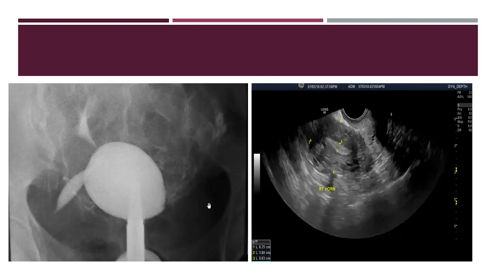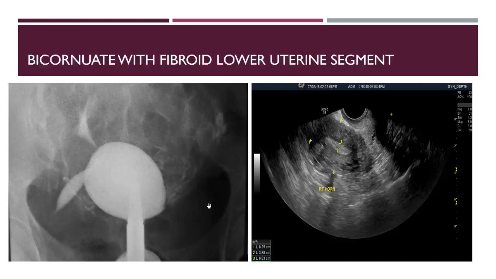This is the right horn of the uterus. So we have a bicornuate uterus with a fibroid in the lower uterine segment. When the fibroid is subserous in location, it makes the cavity look as if it is compressed from posterior to anterior. So it appears large in size, but it is just compressed with the contrast delineated over it.